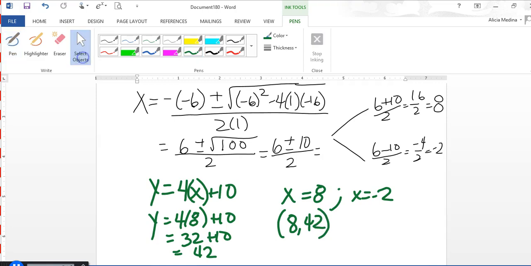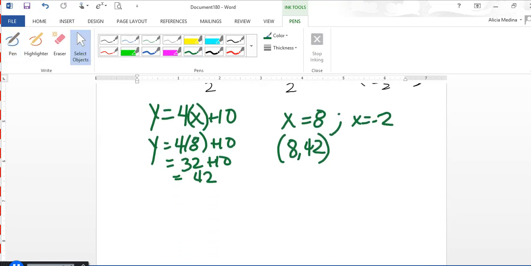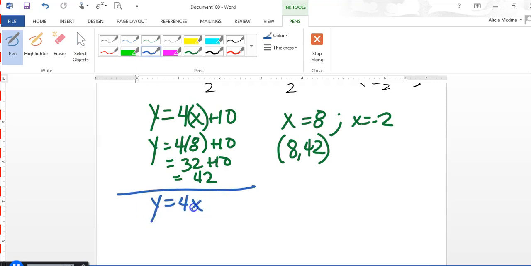If I were to solve for the other one, y equals 4x plus 10 again. But now I'm going to substitute my other x, x equals -2. So 4 times -2 plus 10, which is -8 plus 10, which equals a positive 2.